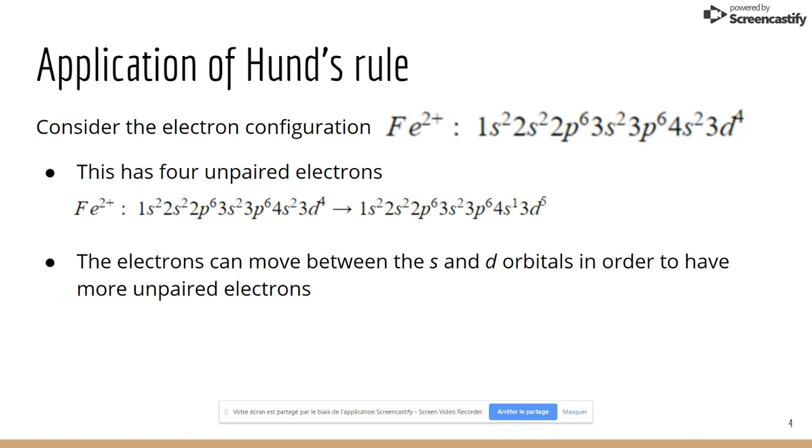While this could really happen anywhere, the only time that we're going to discuss it in this class will be electrons moving between s and d orbitals to have more unpaired electrons. It can occur in other circumstances, but for this class, we're going to focus on movement between the s and the d.